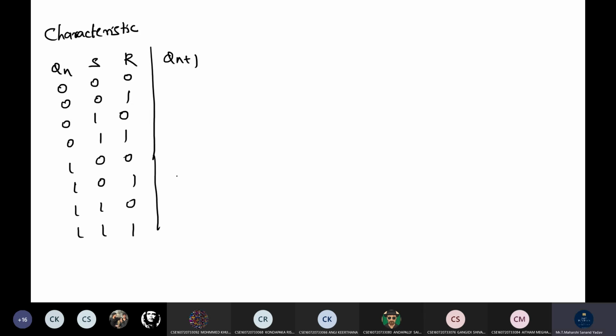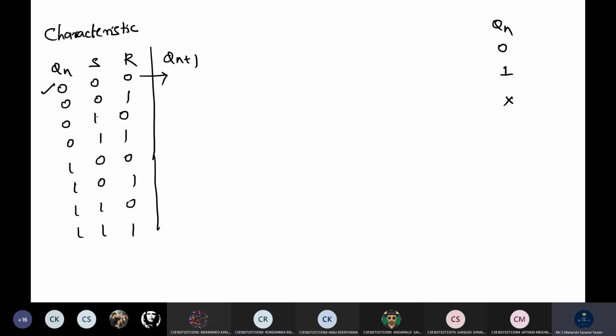How will you write? In order to write the characteristic table, it depends on the truth table. So if you observe the truth table, it will be like this: Qn, 0, 1, X for SR flip flop.